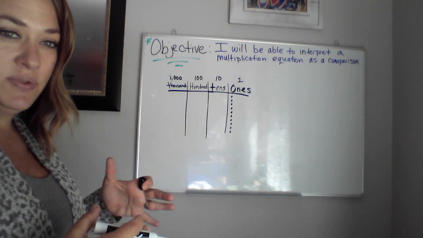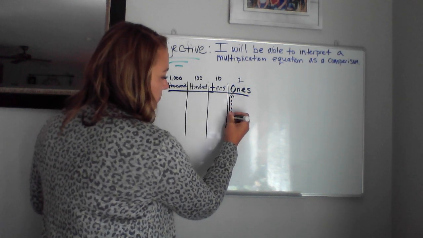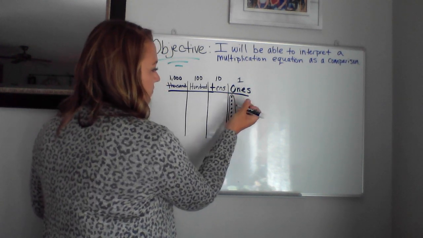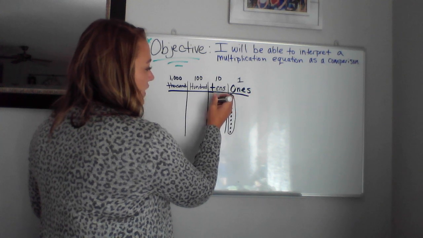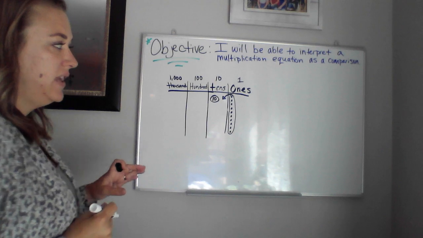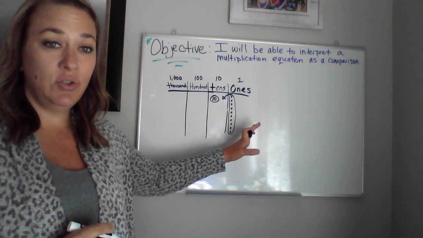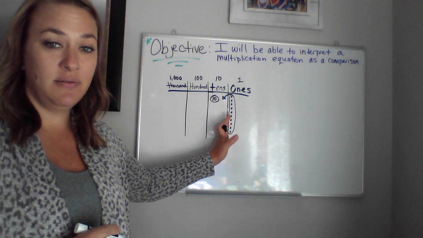I can bundle those, and I can say that those are equal to 1 ten. Because if I have 10 ones, that means that that is equal to 1 ten, okay?